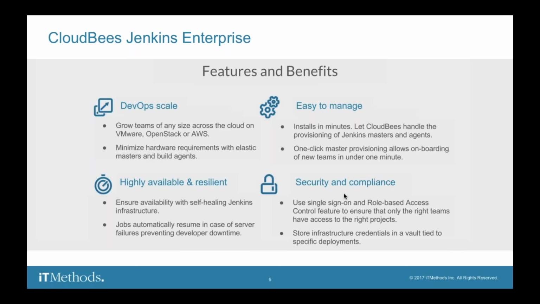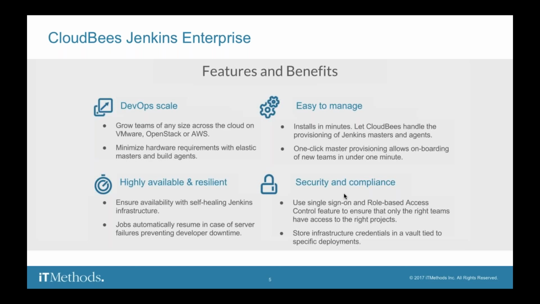Scalability-wise, if you need to scale your DevOps environment, CloudBees Jenkins Enterprise is designed to deploy to public and private clouds, be it VMware, OpenStack, AWS, on environments like RHEL, CentOS, and Ubuntu, and enable organizations to scale their infrastructure horizontally while at the same time minimizing infrastructure requirements with elasticity built in for both build agents and masters.